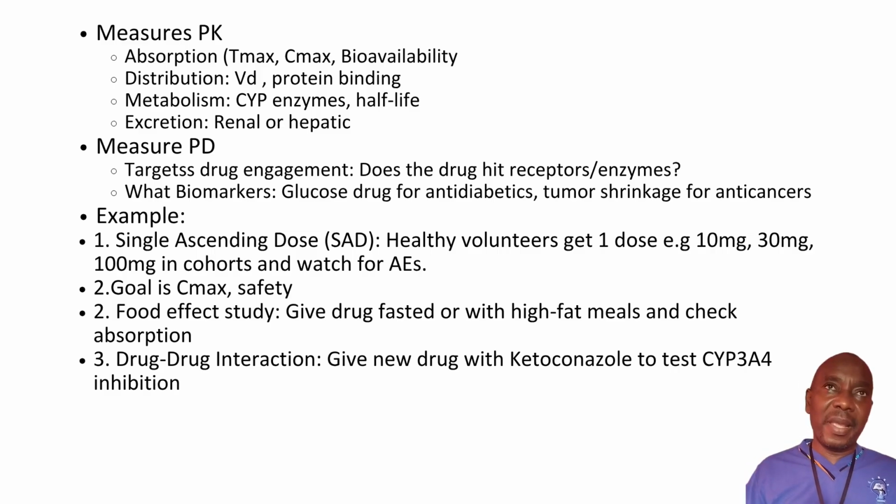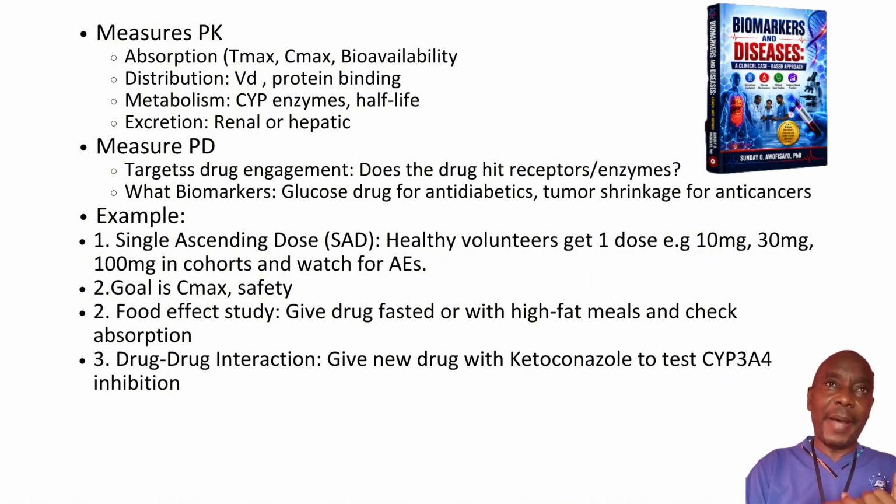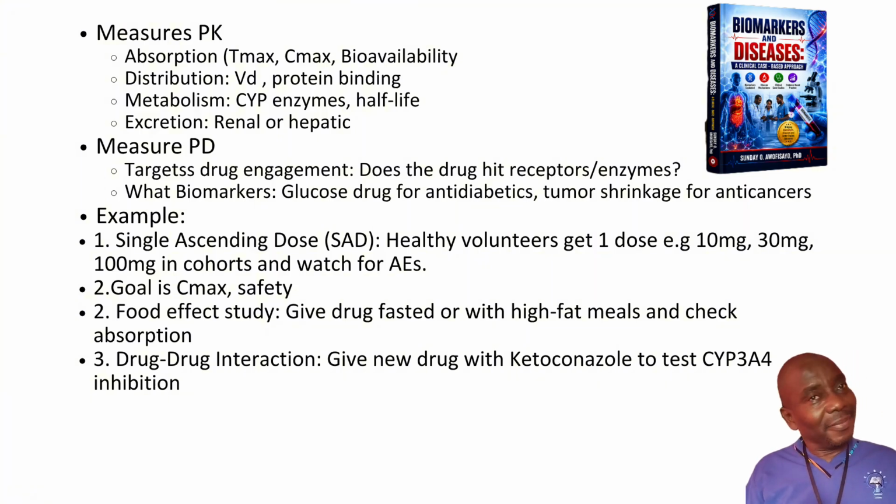And so we have a book already published by Bioscird Research Group, authored by my humble self, that expatiates on different biomarkers that a pharmacist, a clinician, indeed anybody that has to do with patient care has to read to get a basic understanding of biomarkers.